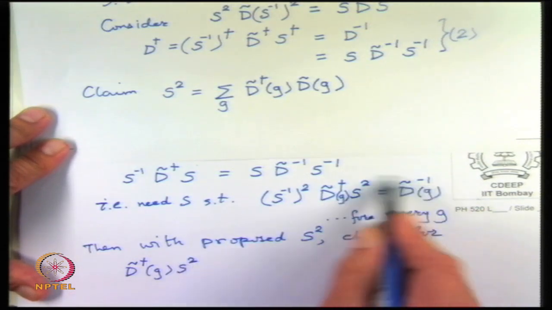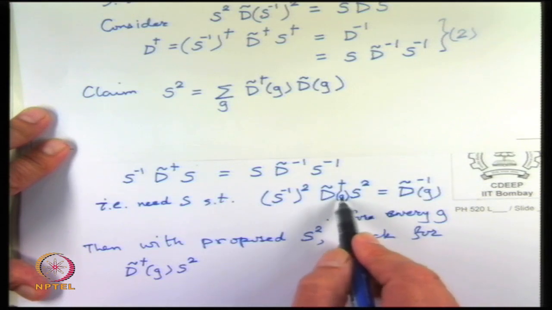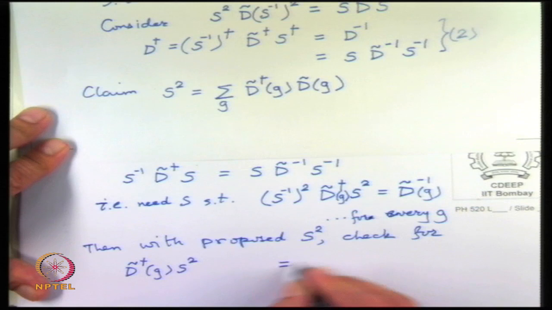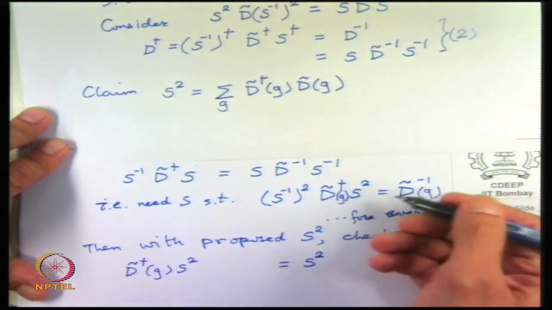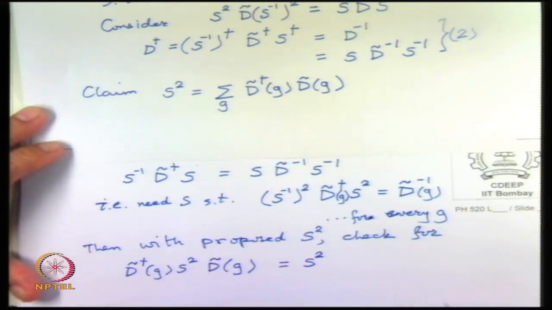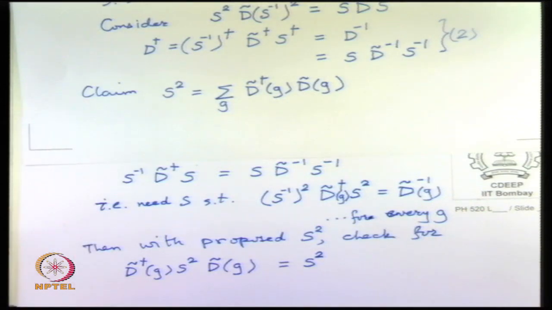So take this statement and write it, multiply on the left by S squared and on the right by D tilde. Okay. So we have rewritten this.